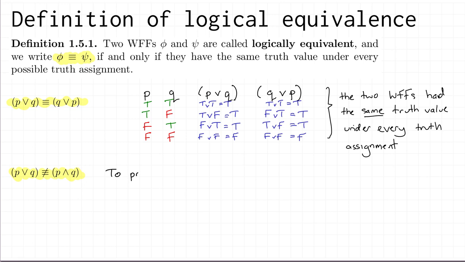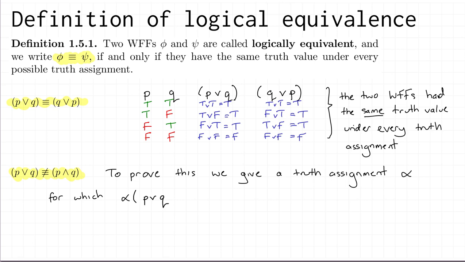To prove this, we give a truth assignment, let's call it alpha, for which alpha of P or Q, forgive me for dropping the brackets, is not the same as alpha of P and Q. And of course, if we take alpha of P to be true and alpha of Q to be false, then P or Q would be true, but P and Q would be false.